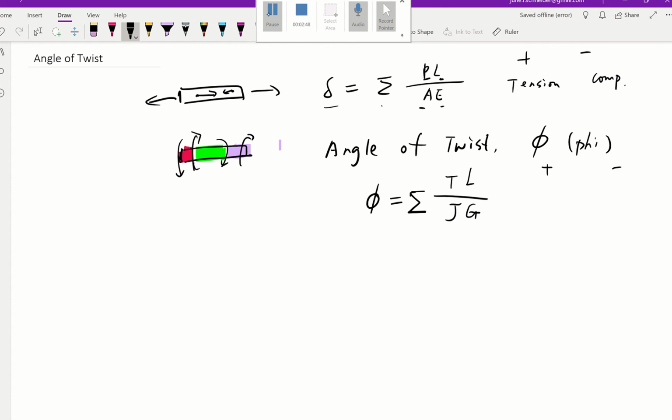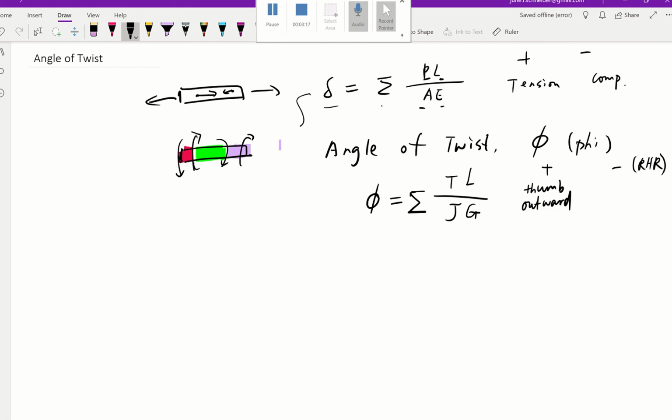That's going to follow our right-hand rule, which we talked about when we first introduced torsion. Your fingers follow the rotation sense of your internal torque, and if your thumb is going outward, then that's positive. If it's going inward towards the shaft, that's going to be negative. So that's angle of twist.